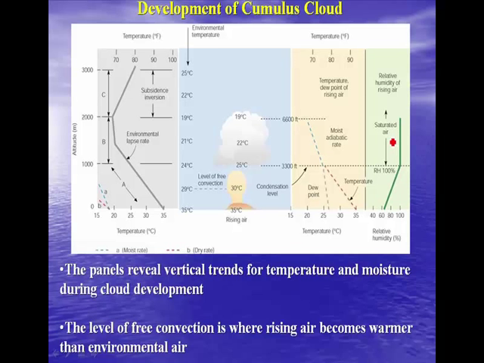So basically what we have here is, let's go to this blob of air. Warm surface air at 35 Celsius begins to rise and begins to cool. And now this right here is the environmental temperature, the air surrounding the warm blob of air.